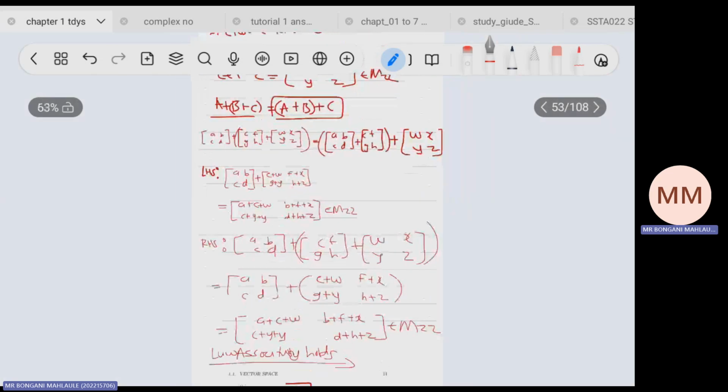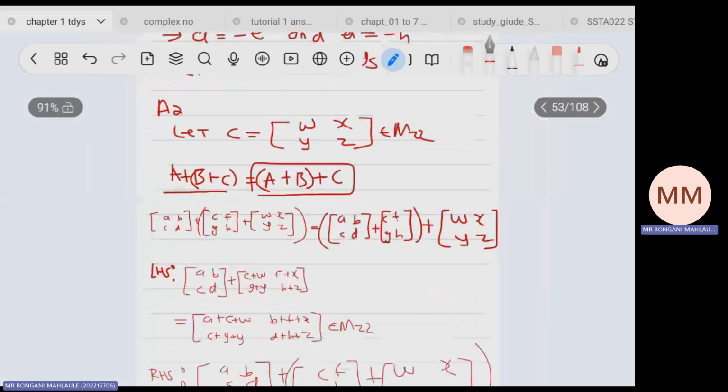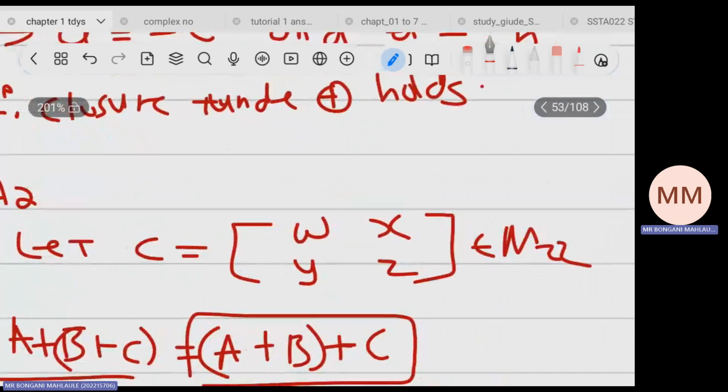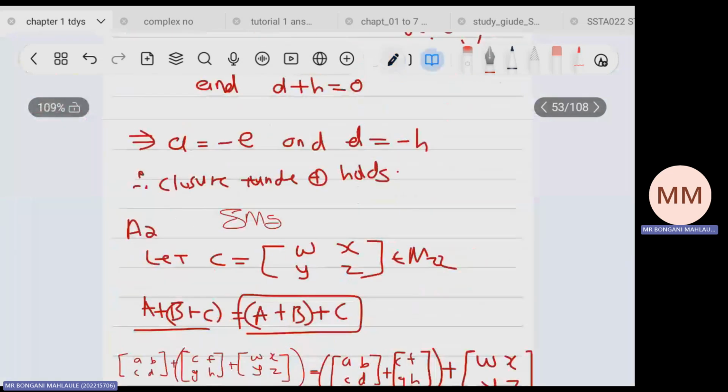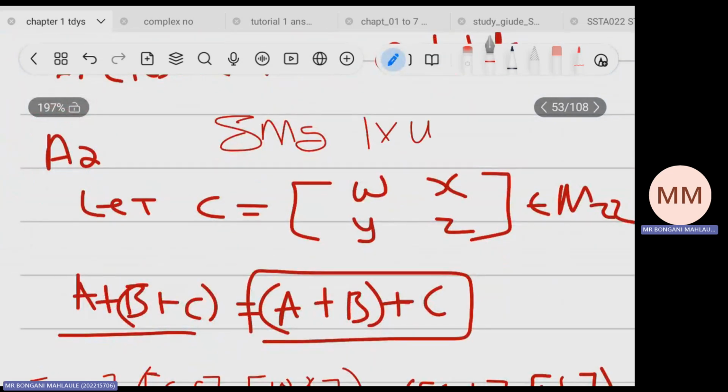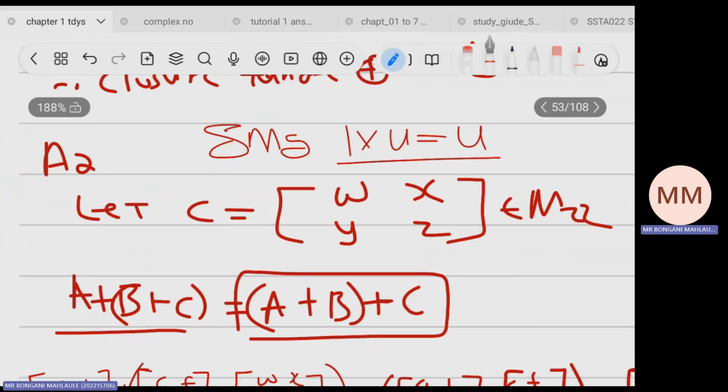So this is going to be a vector space. You'll just confirm. You'll also check SM5. Obviously, you check if when you multiply 1 times u, you get u.